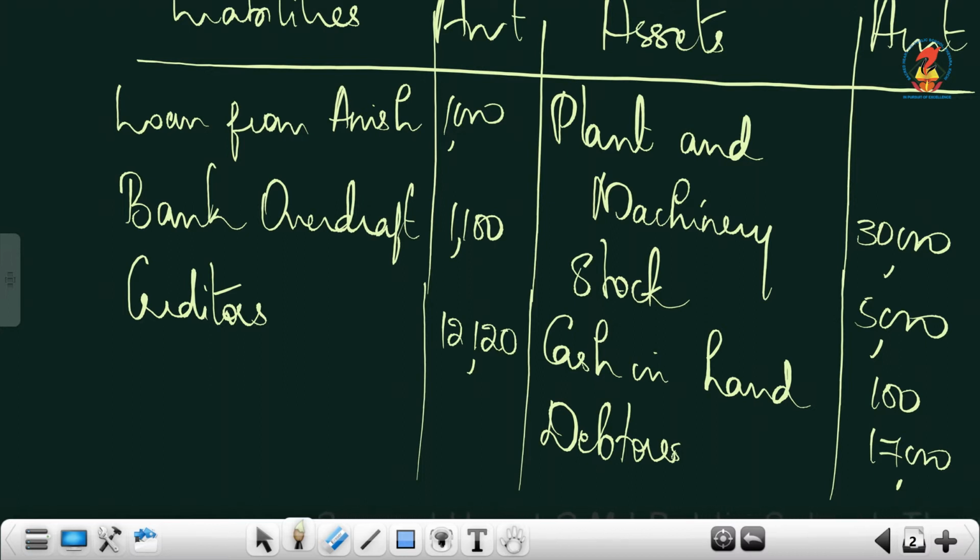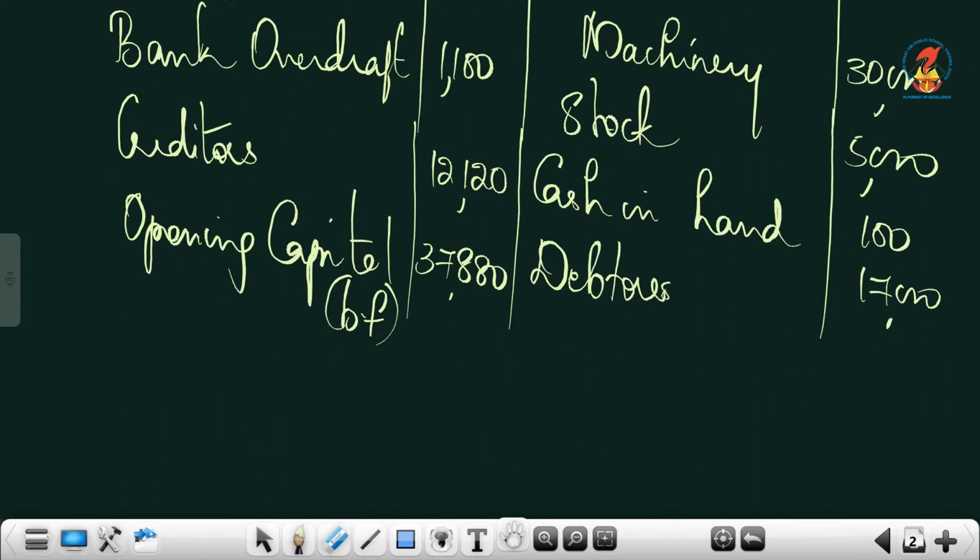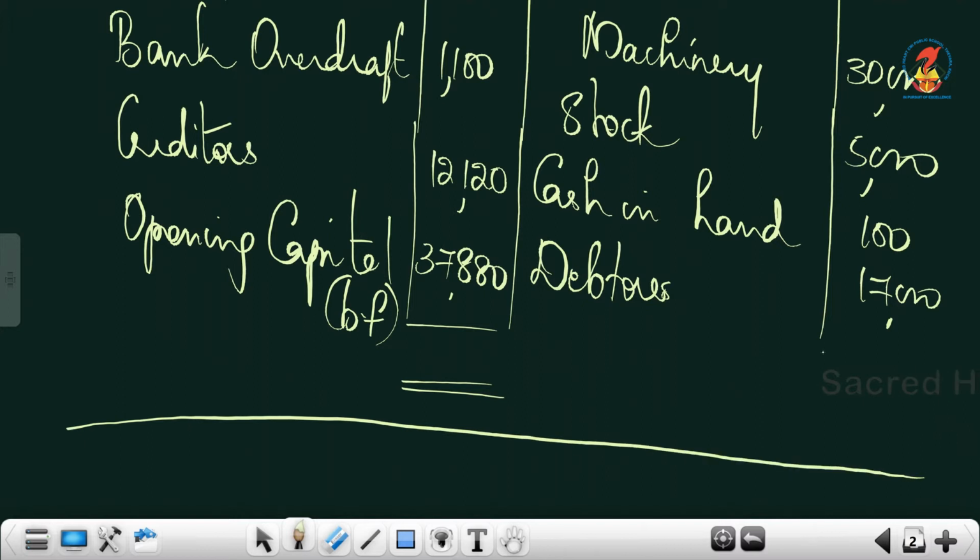Now you can compute the balancing figure. So the balancing figure will be your opening capital, that amounts to 37,880. Total is 52,100.